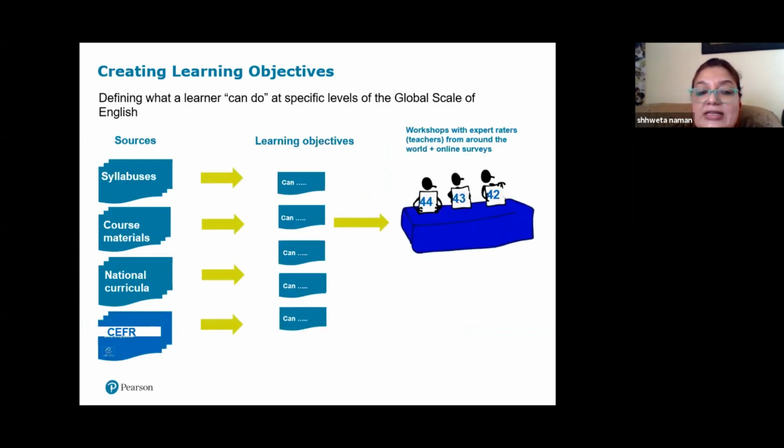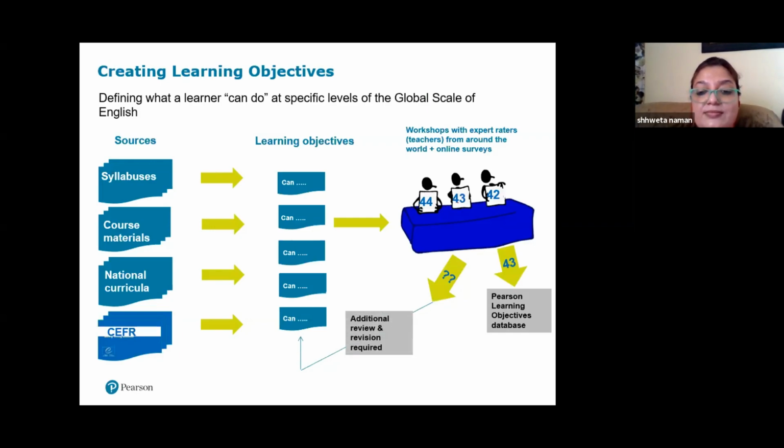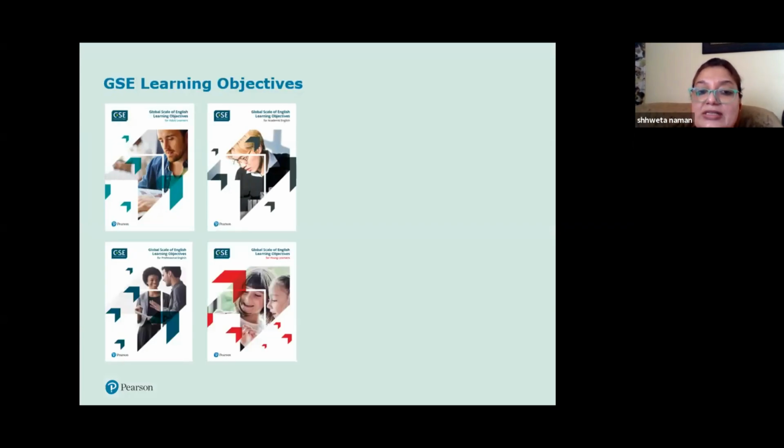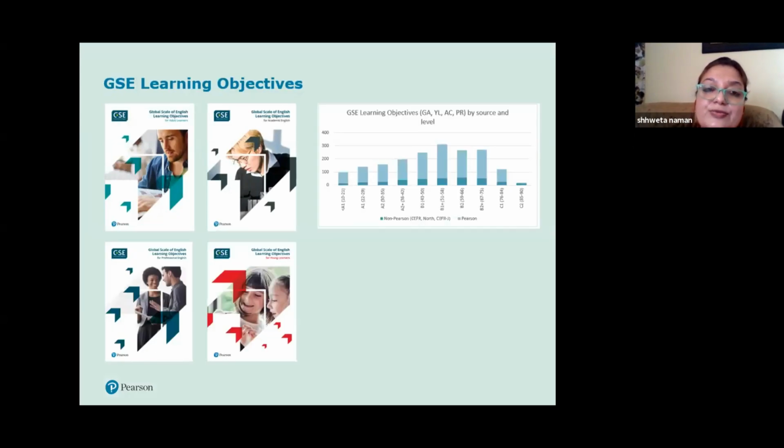So global scale of English consists of, like, how do we make it objective, because it compiles so many can-do statements, so many, like how do we define. And so GSE learning objectives, these are the GSE learning objectives which were developed after a very extensive research.